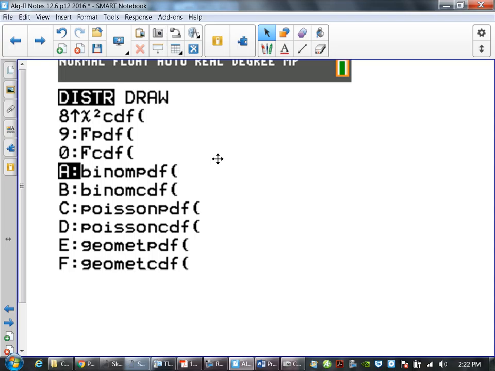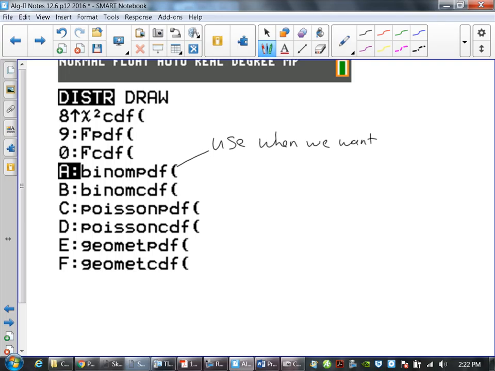Binomial PDF we're going to use when we want an exact K value. When it says K equals 3, K equals 4, something like that.